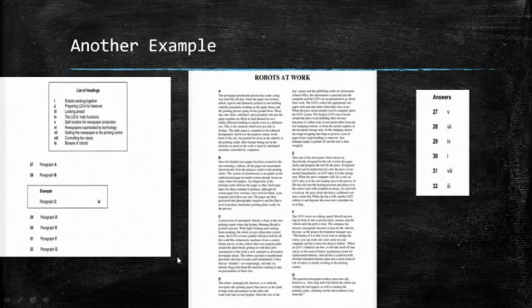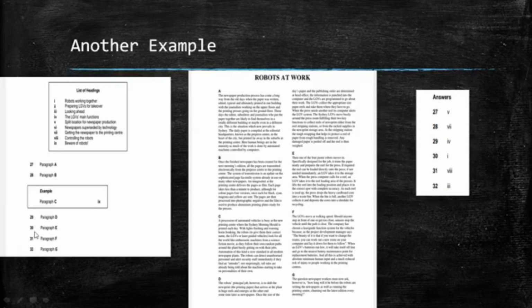Now this is how your actual academic IELTS reading looks like, and there is one similar passage in the general training reading as well. So today's session is the same for both, whether you are an academic student or a general training student.